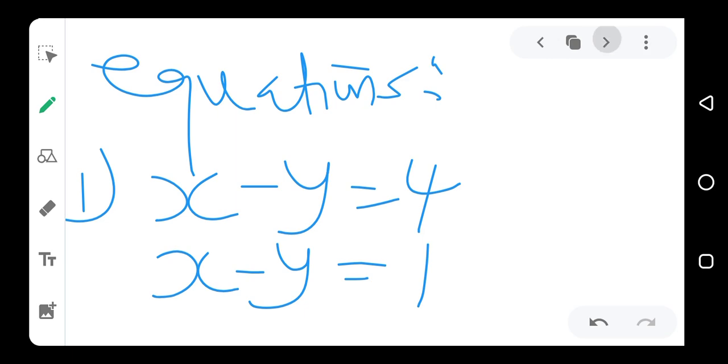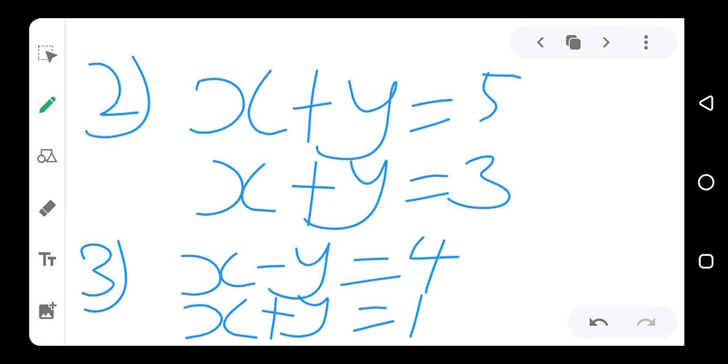In question 2, we have that x plus y is equal to 5 and x plus y is equal to 3. In question 3, we have that x minus y is equal to 4 and x plus y is equal to 1.